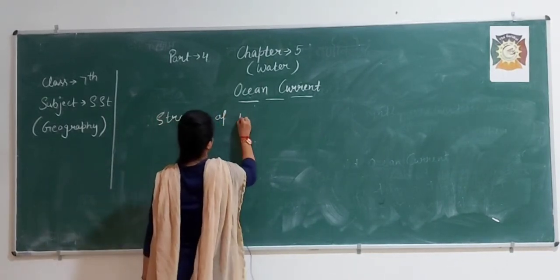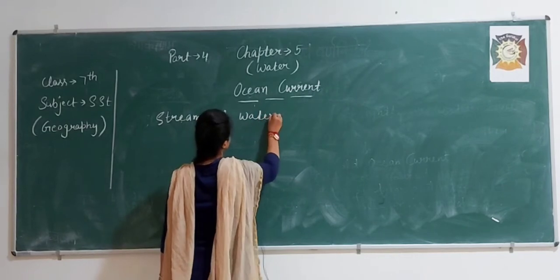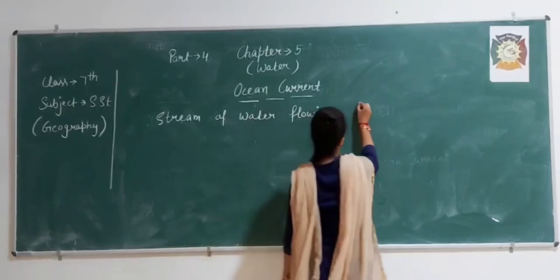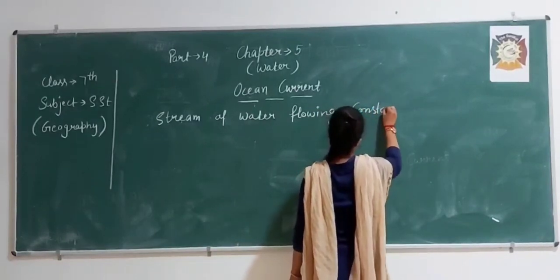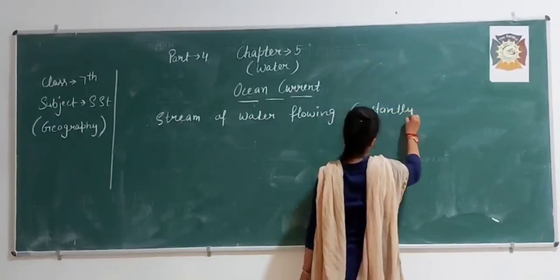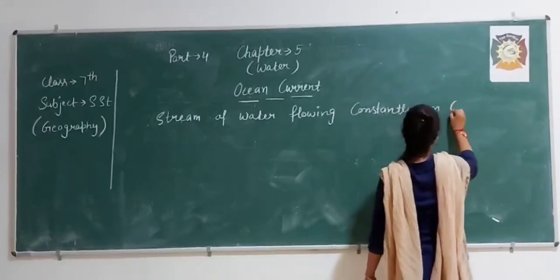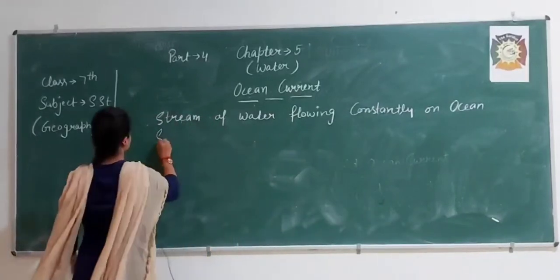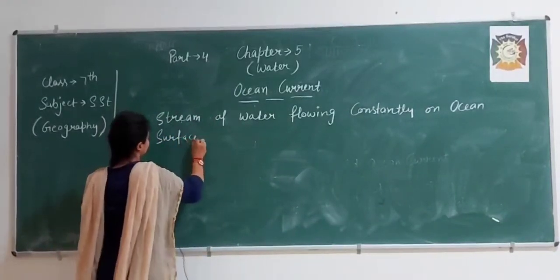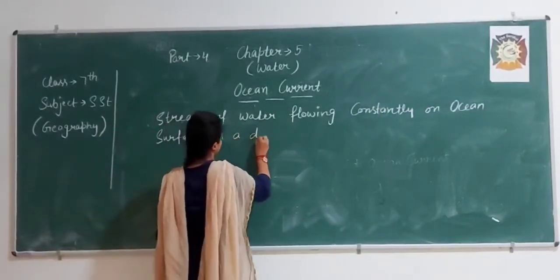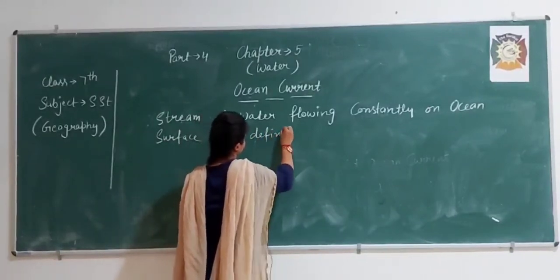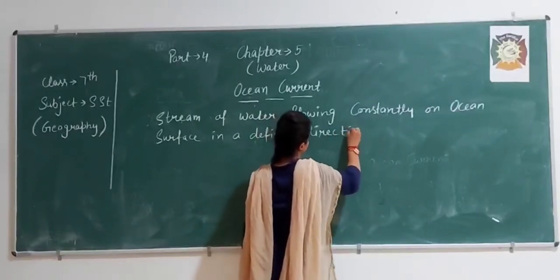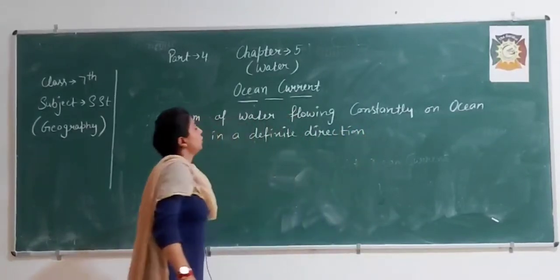Stream of water flowing constantly on ocean surface in a definite direction is called ocean current.